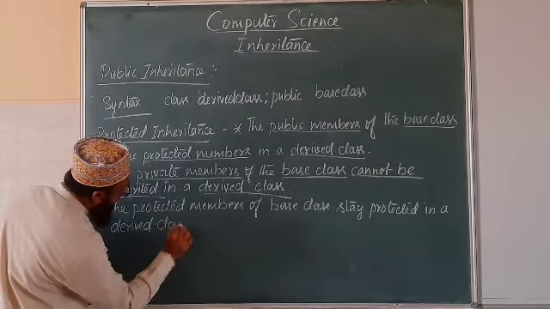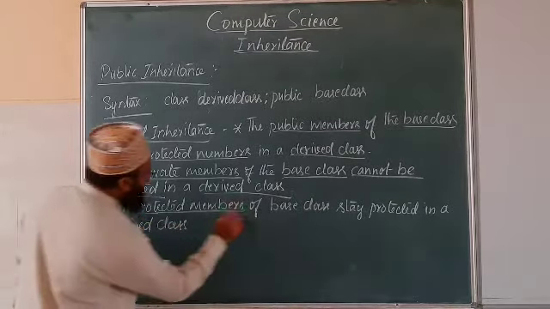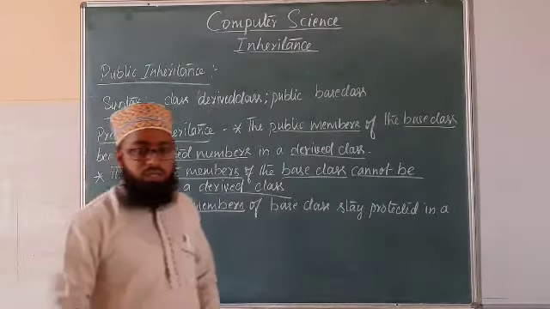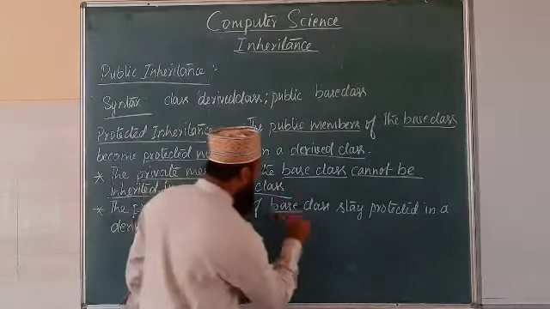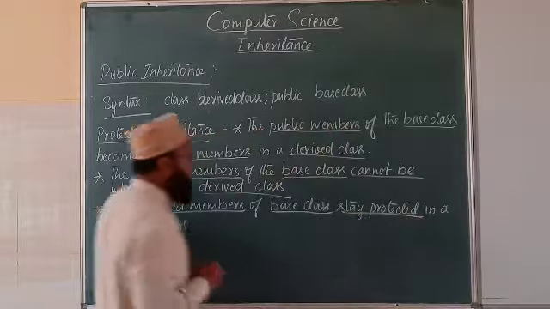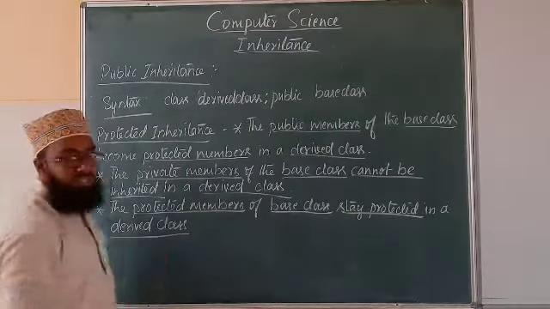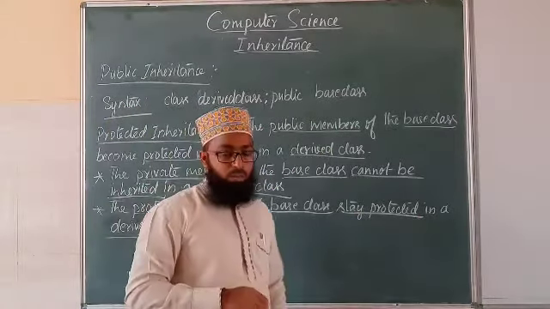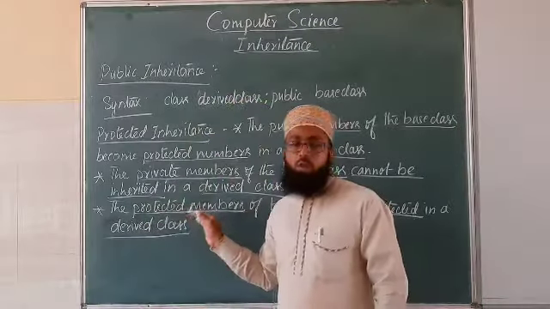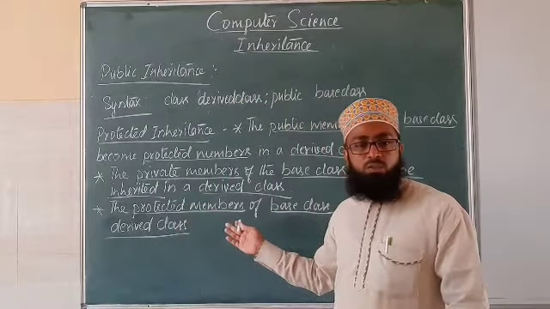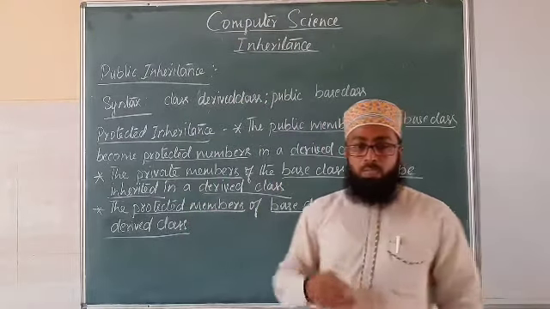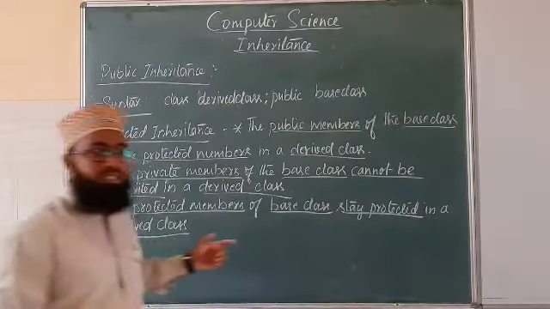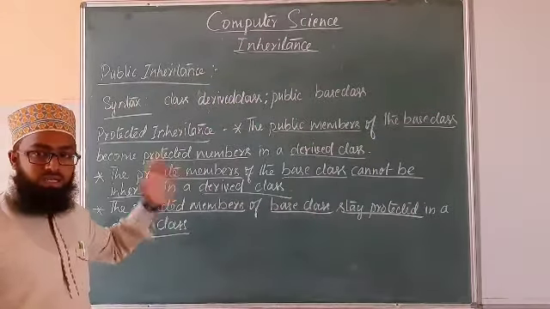The protected members of the base class stay protected in a derived class, just like under public inheritance. The same third point. The protected members of the base class stay protected under a derived class.